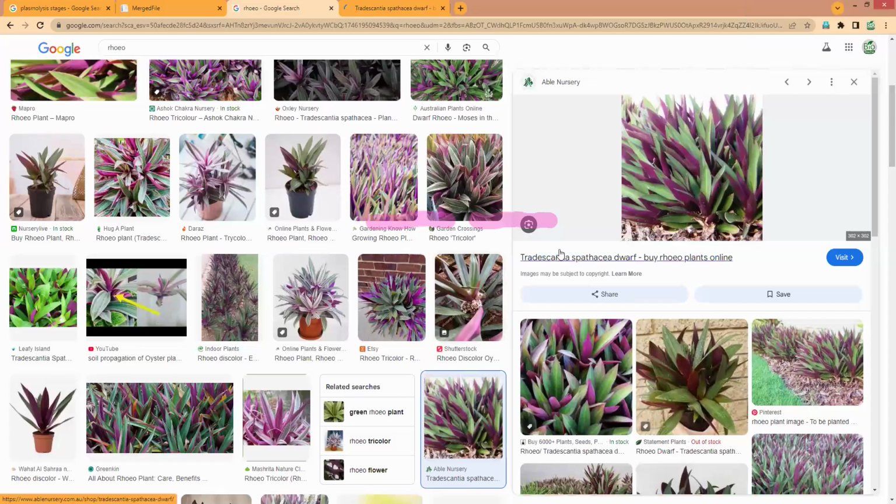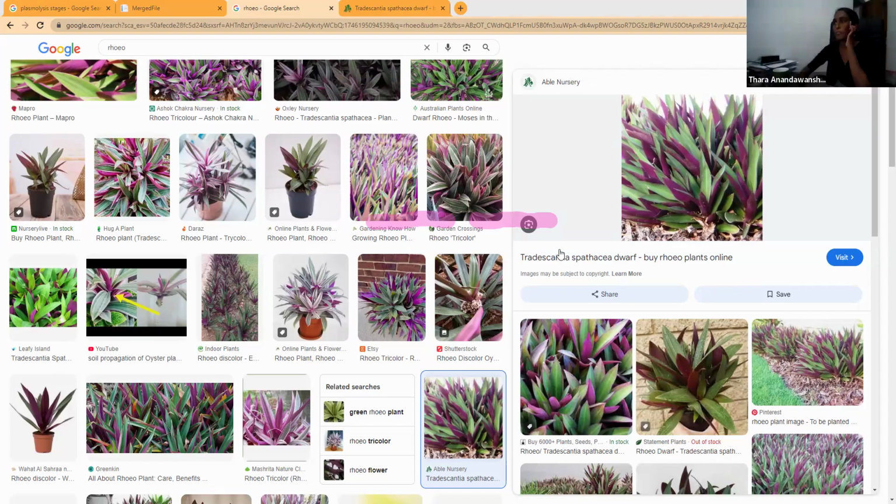Yes, teacher. Right. So there is a particular reason why we are using Rhoeo in this experiment.